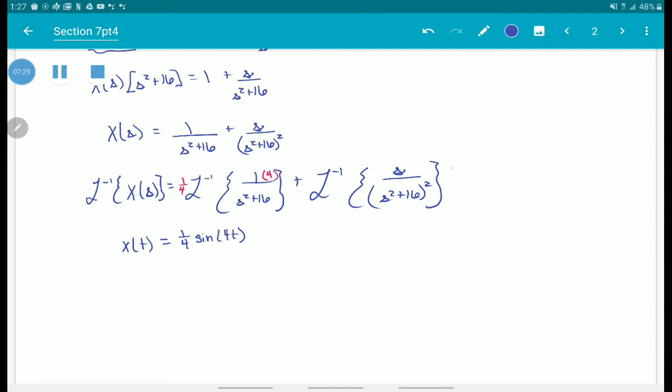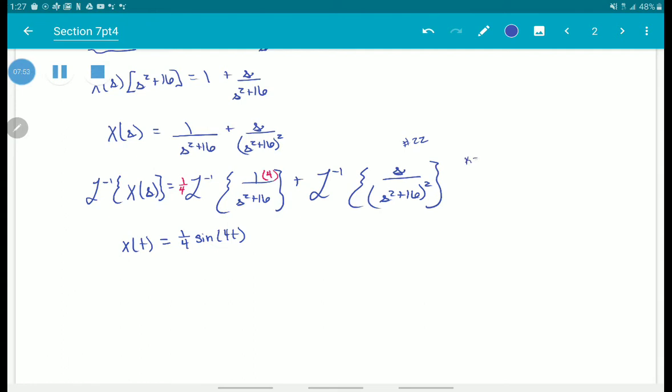So now we have to look at this guy. And that's really coming from that last example we're using. It's also number 22. We've got the s squared plus k squared quantity squared in the denominator. We're just missing our 2k from the top.